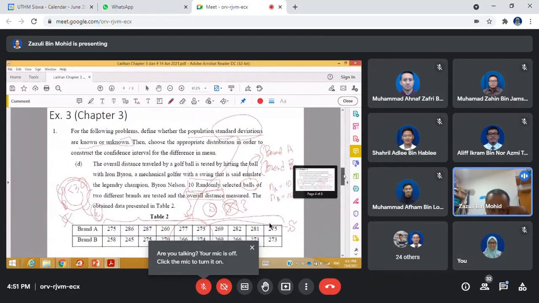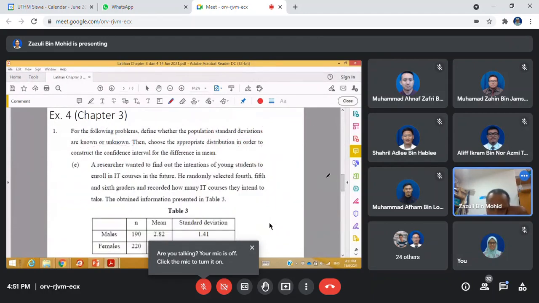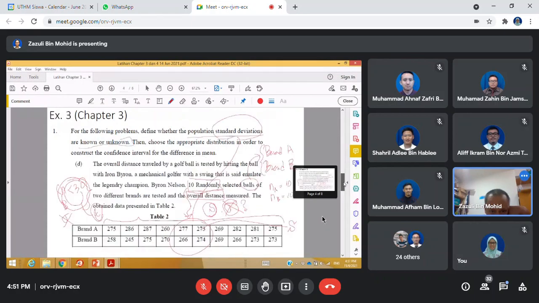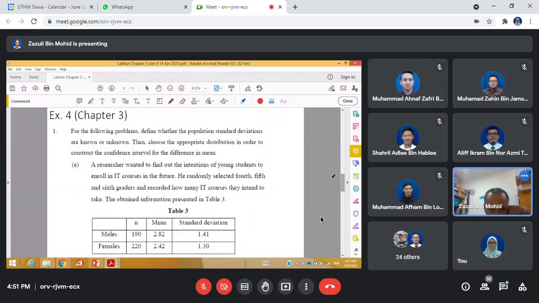That is example 1. Okay, this is another one: a researcher wants to find out the intention of young students to enroll in IT courses in future.